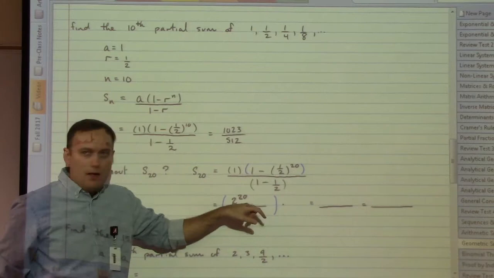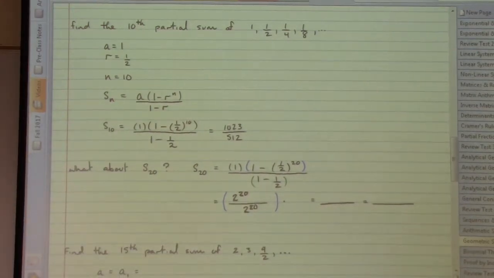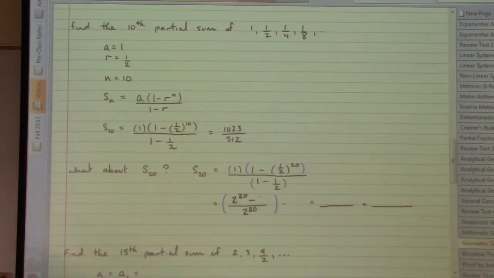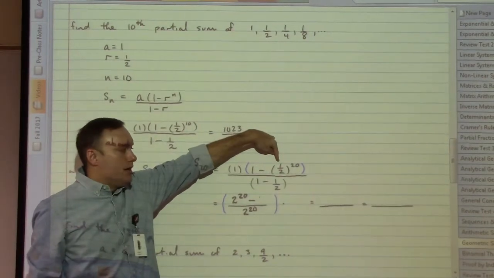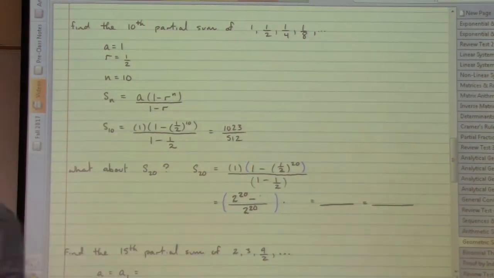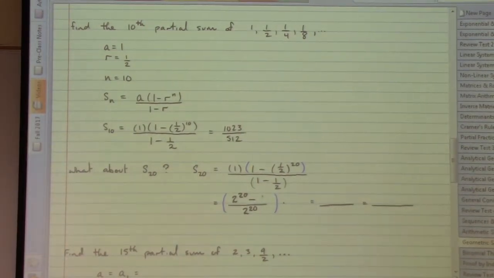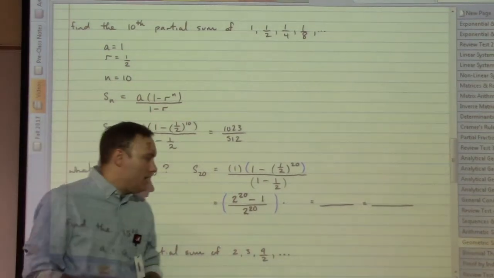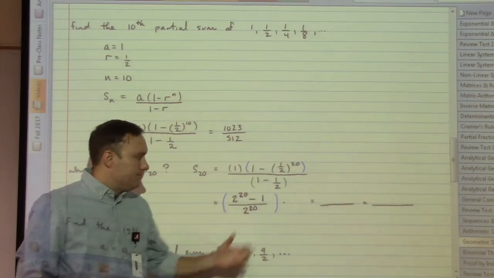Minus, up on top, this numerator, 1 to the power of 20 is just a 1. So there's a little fancy footwork there that's going to allow me to use my calculator a bit more effectively.